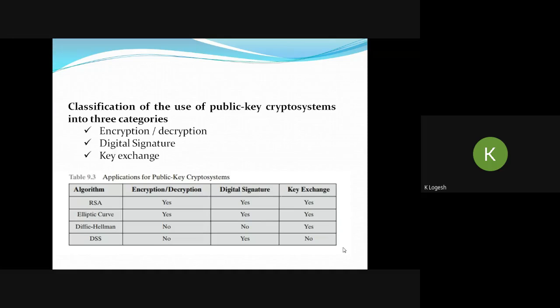The use of this public key crypto system is divided into three categories. First one, encryption and decryption, which I am showing in the first diagram. Second one, digital signature, authentication, the second diagram. Then what is the third one? Key exchange.